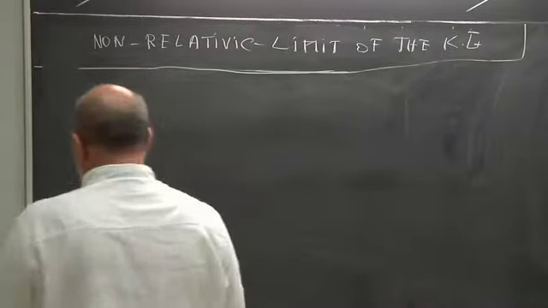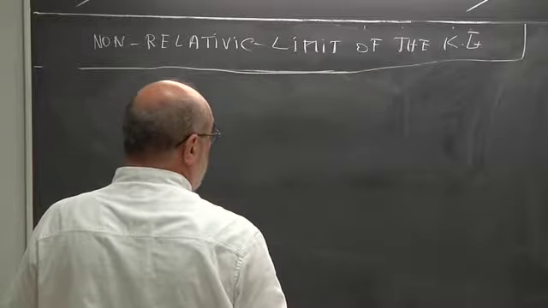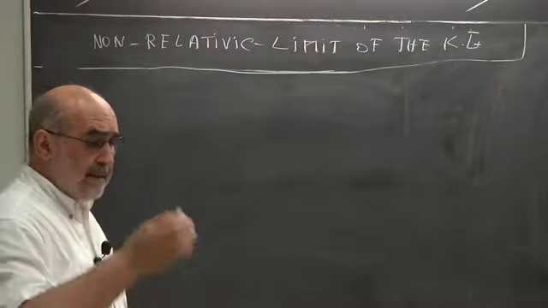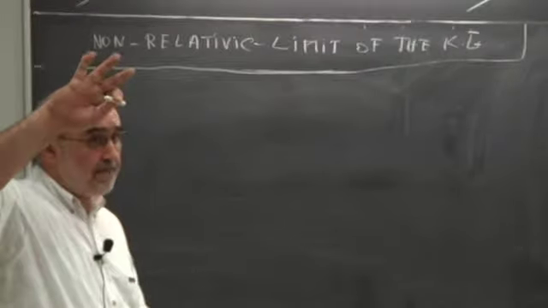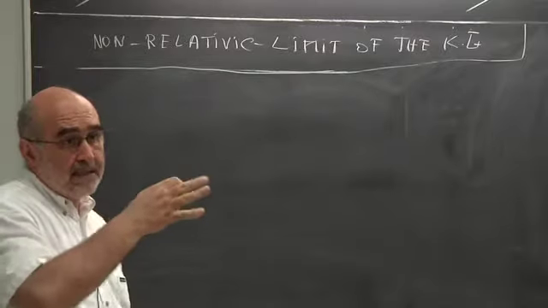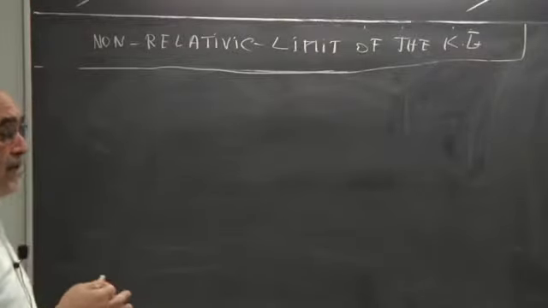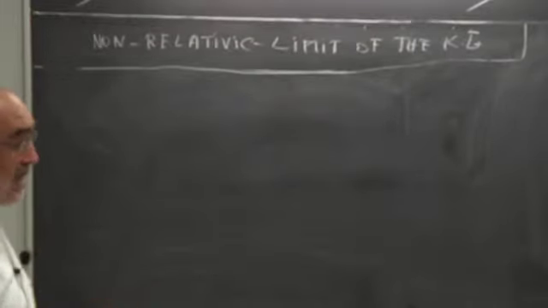Well, to work it out better, in a relativistic particle there is a huge energy in the mass part, and then there is some kinetic energy that, if the particle is relativistic, can be as much as the mass energy.